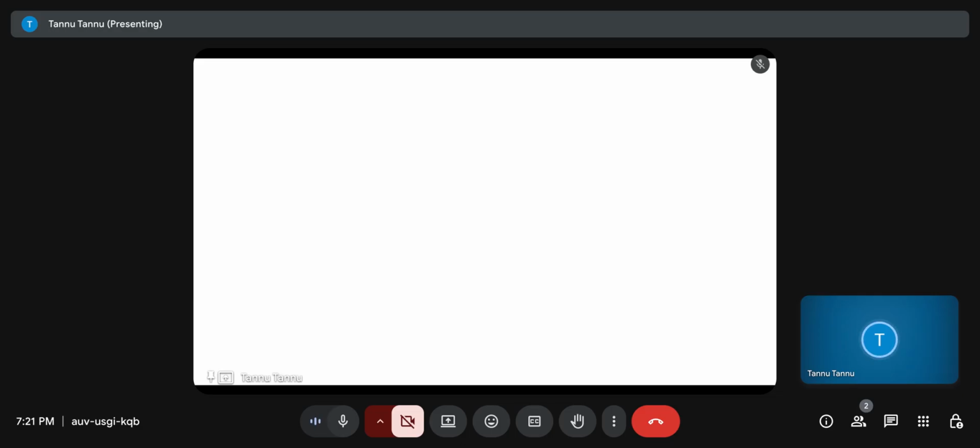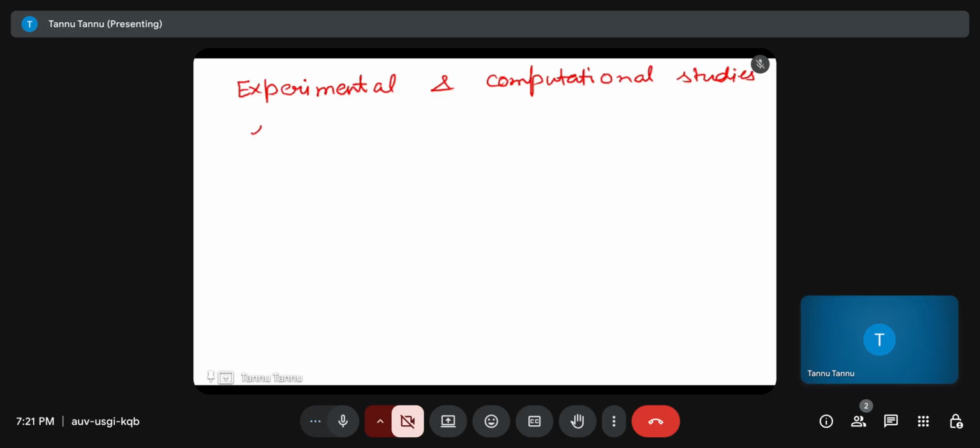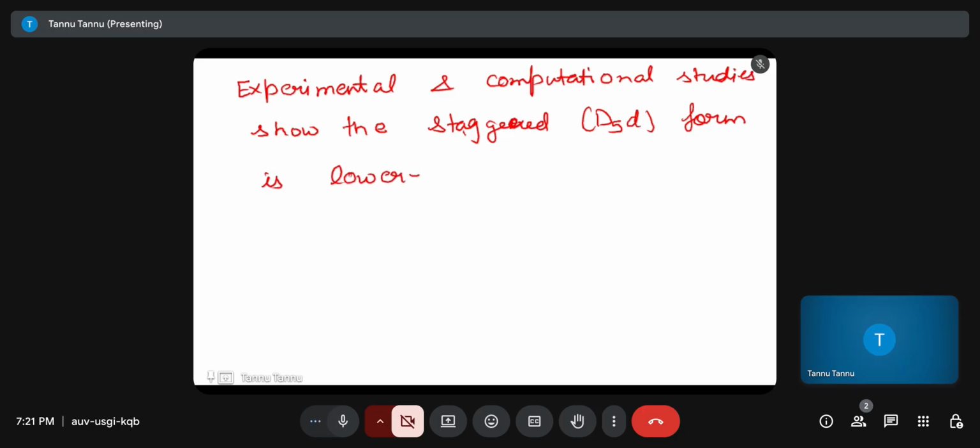And for your information, experimental and computational studies show the staggered D5d form is lower energy, that is, the more stable conformation.